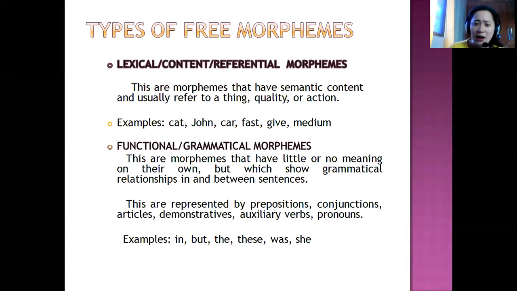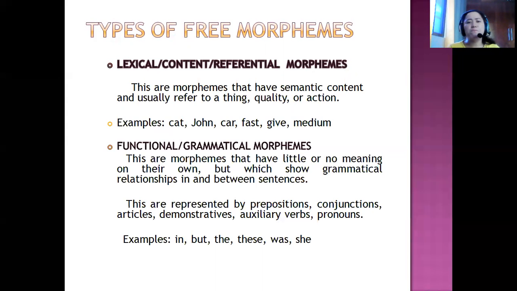These are morphemes that have semantic content and usually refer to a thing, quality, action, or even an event. For example, cat, John, car, fast, give, medium. So we are referring to nouns, adjectives, adverbs, and verbs, right?